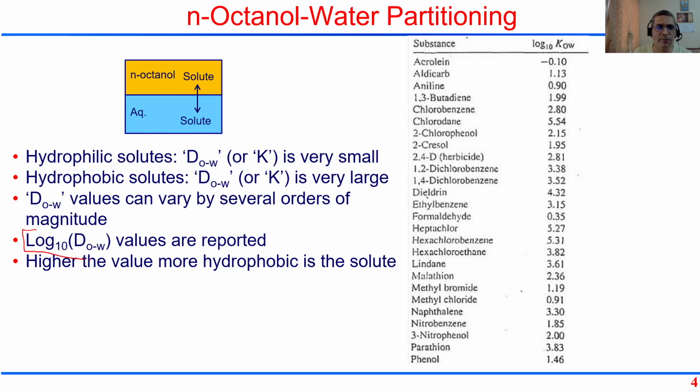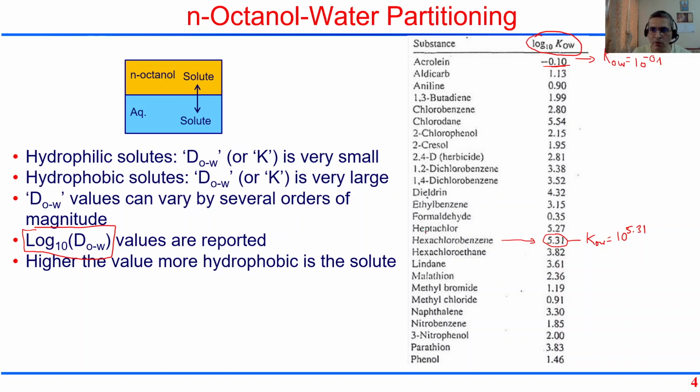So we don't talk in terms of just the octanol-water partition coefficient. We rather talk about log to the base 10 of the octanol-water partition coefficient. People write it as log to the base 10 of D octanol-water or log to the base 10 of K octanol-water. If the value is negative or very small, that means KOW or DOW would be 10 raised to minus 0.1. Whereas if the value is very large, let's say 5.31 for this particular compound, KOW would be 10 raised to 5.31.